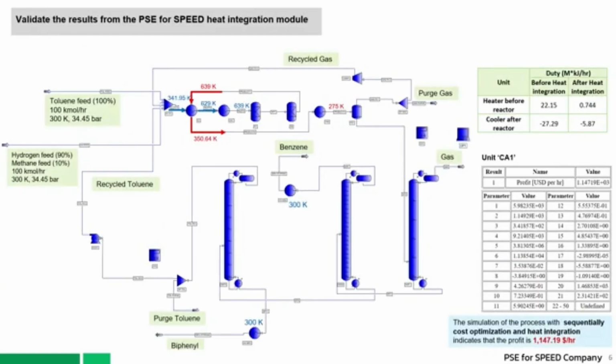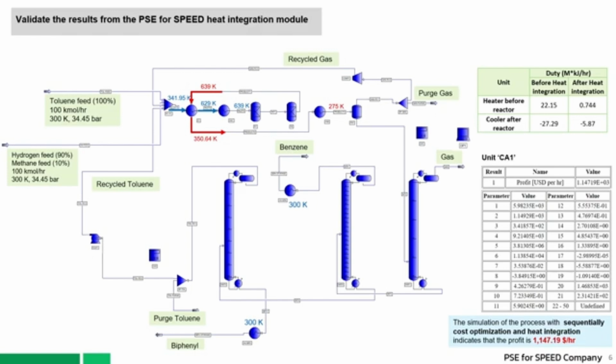By rearranging the flowsheet corresponding to the heat integration module output results with the optimized purge gas split fraction, the profit that we can get is $1,147.19 per hour, which confirms the results of the heat integration module.